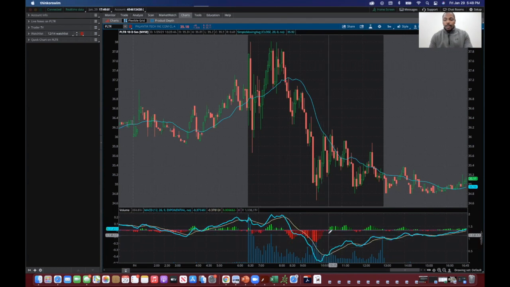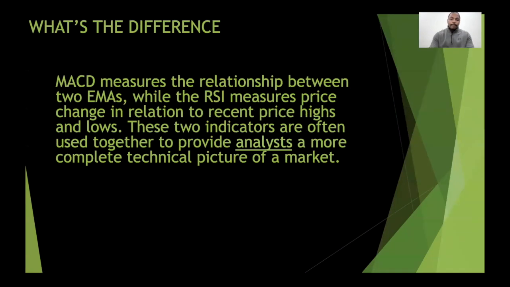So when I see the first green histogram bar, I'm going to jump in because I know this represents a lot of buyers buying to increase the price of the stock so that I may get in and ride the stock up and make my money, right? All right. But let's move over to the next one.